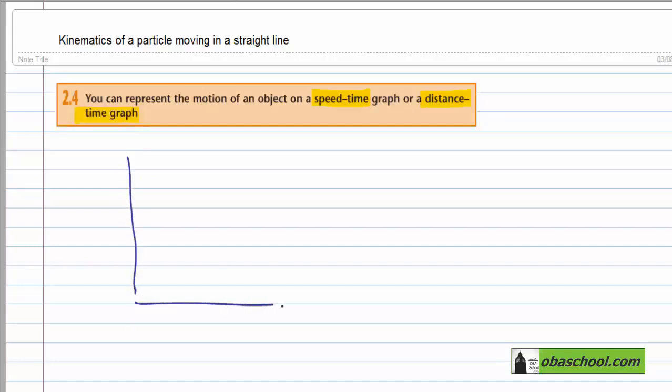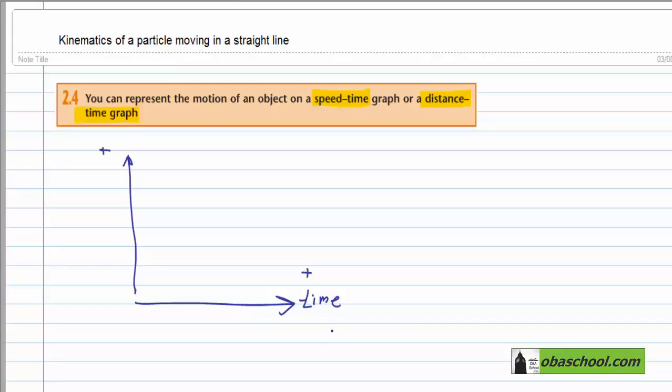So we first sketch the x and y axis. The positive direction of the x-axis is to the right, and that of the y-axis is upwards. Time is always presented on the x-axis since it is a linear measure moving forward. So time in both the speed-time and distance-time graphs is presented on the horizontal axis of the graph.